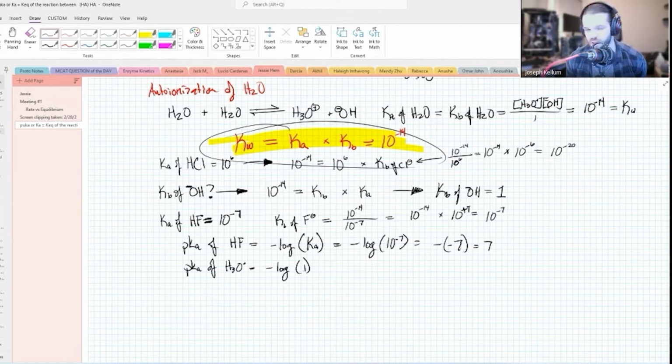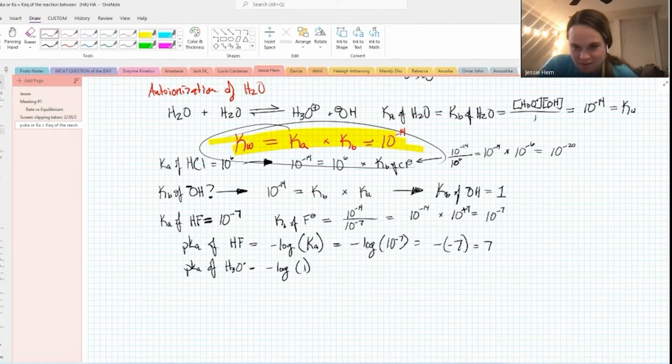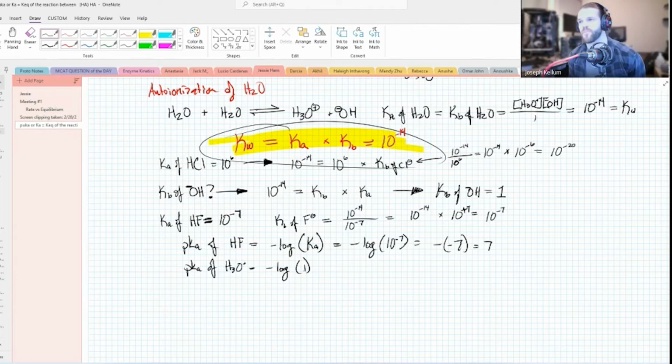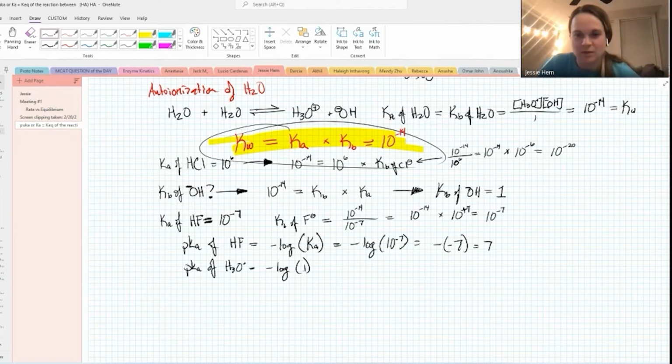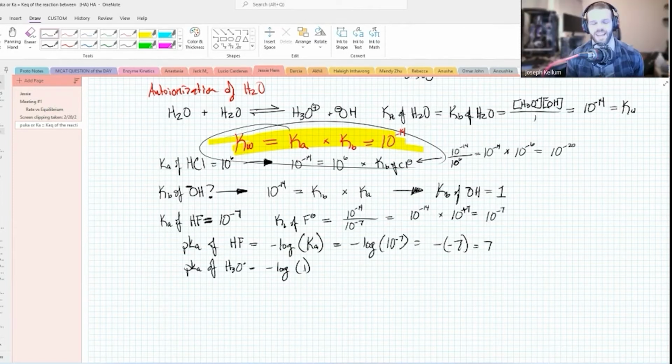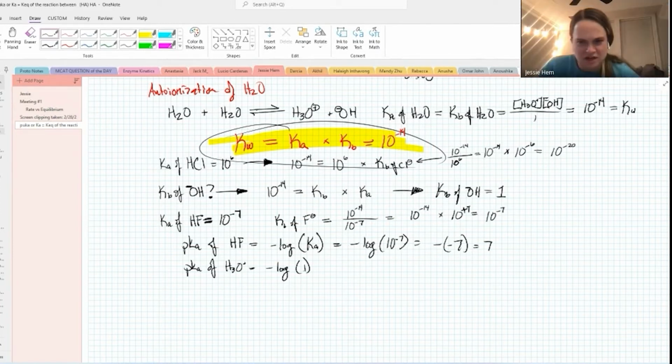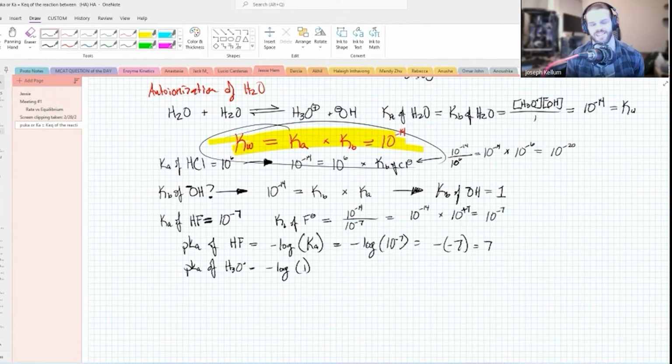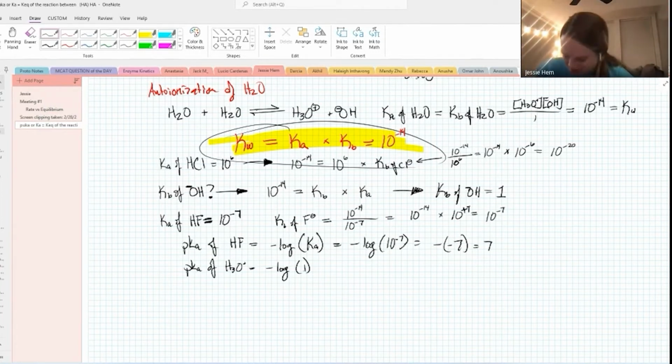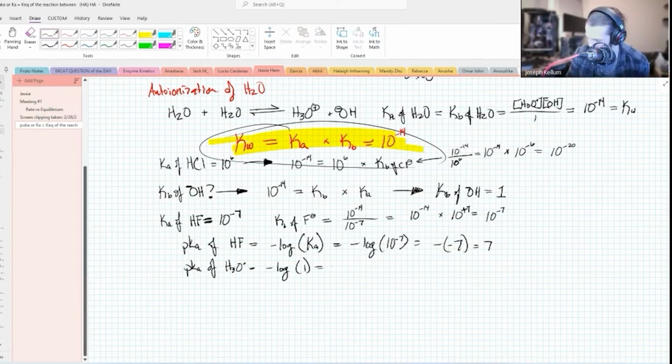Because it's the negative log of 1. What's the log of 1? That's 10 to the what equals 1, right? 0. Yeah, exactly. So -0 or 0. So the pKa of H3O plus is 0. And that's the same as the pKb of OH minus.